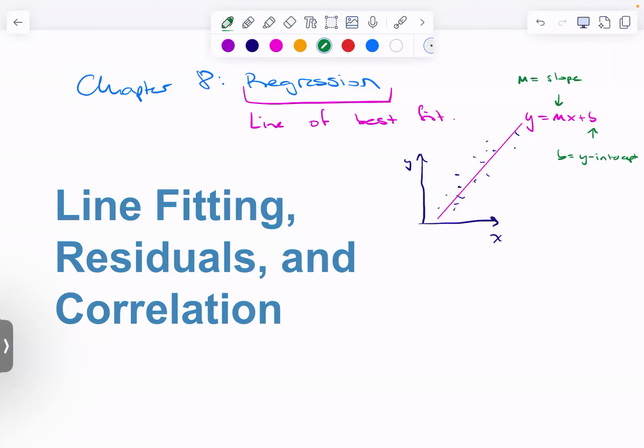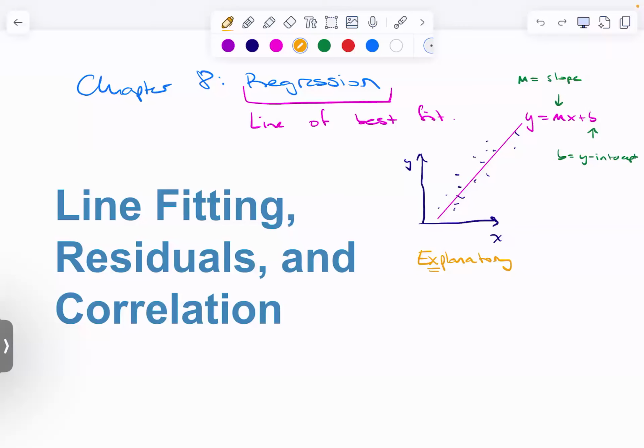Just as a refresher on some terminology as well, on the x-axis, we're going to have the explanatory variable. It can also be called the independent variable, but I find that that's not very telling in terms of kind of where it goes on your graph, and so I like to call it the explanatory variable.